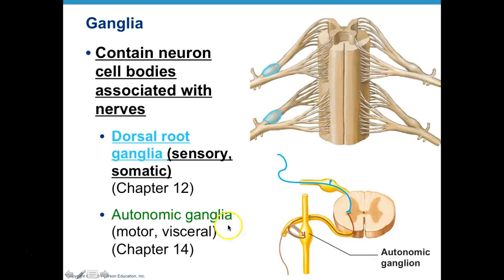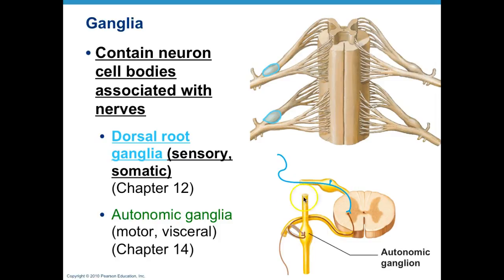Our autonomic ganglia, I'm going to dive into more in our Chapter 14 Prep Screencast and lecture. And these are going to be ganglia that we find along the thoracic vertebral column, and also we have L1 there too. That'll have one as well, but more on this a little bit later. I just want you to know that we find it more in the thoracic area.